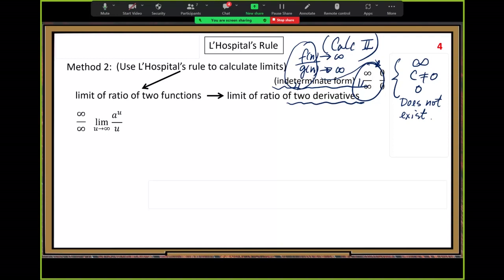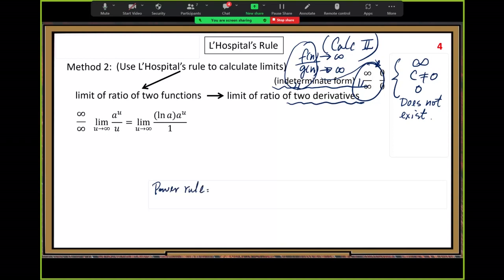When we apply it, let's take the derivative of the numerator and the derivative of the denominator. The derivative of the denominator is simple, since u is a power function. Here we use the power rule of the derivative.